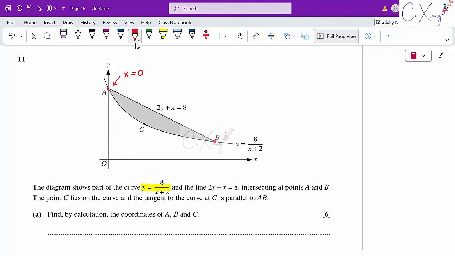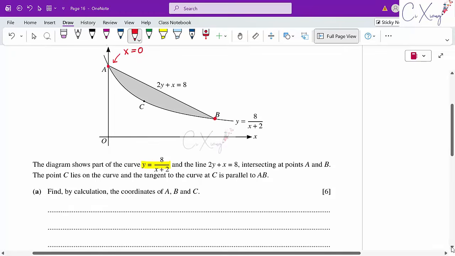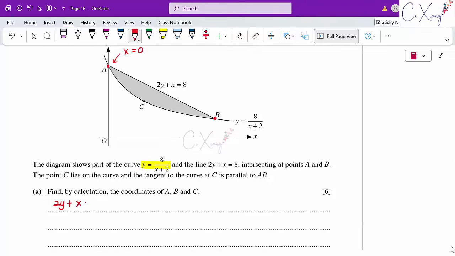And the point A also belongs to both the curve and also the line. Therefore, to get the point A, it should be very, very easy. I'm using the straight line equation, 2y plus x equals to 8. And since I know that x is equals to 0, when A cuts the y-axis, then from here, you can get your y coordinate very easily, which is 8 divided by 2. It will be a 4. So your A is actually 0 and 4.